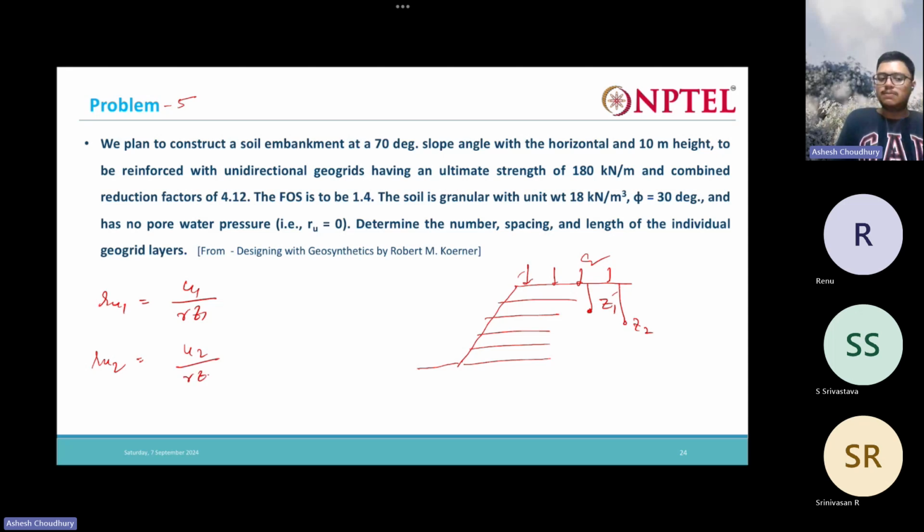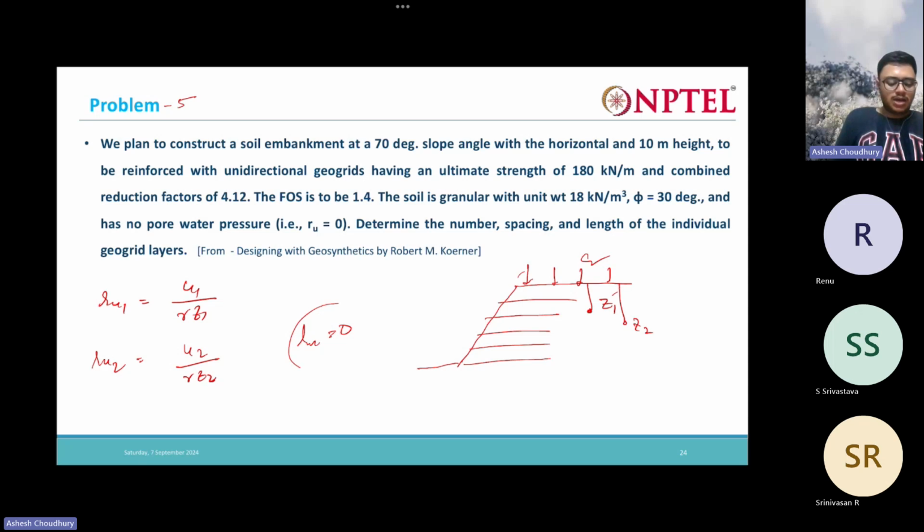So RU is the ratio between the pore pressure and the geostatic pressure, the total stress. Sigma, gamma into Z, is the total stress. In our case, it is given that RU is 0.